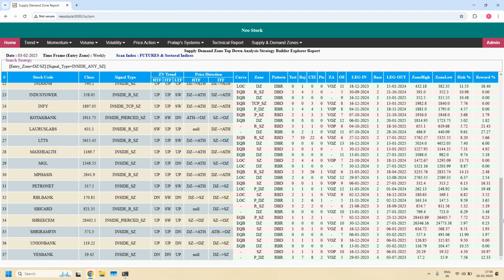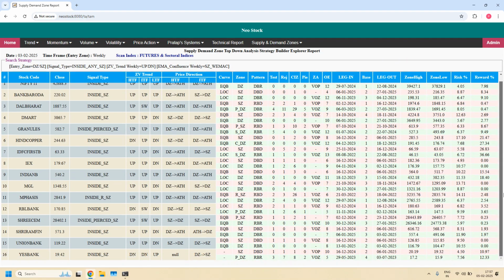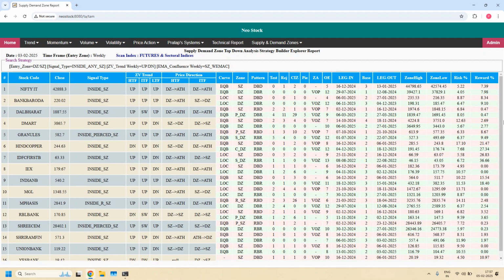based on EMA Confluence. So in the EMA Confluence at a weekly time frame, I am setting the filter weekly supply zone having weekly EMA Confluence. And trend on the weekly time frame is either up or down. So with these filters, we got 16 stocks.